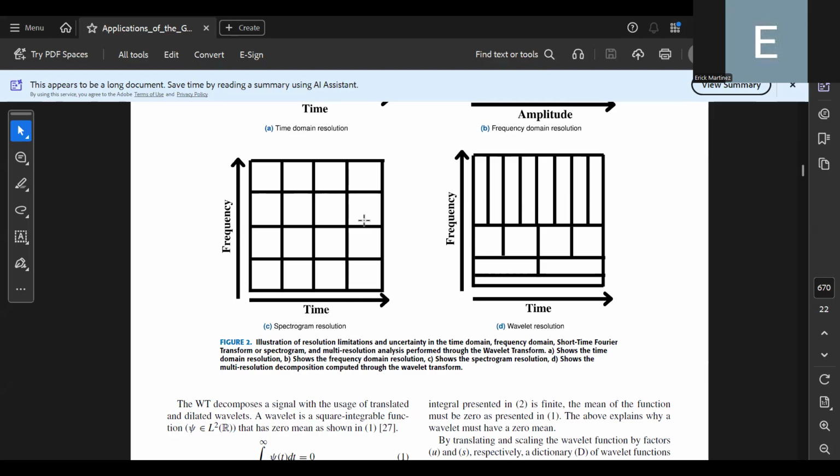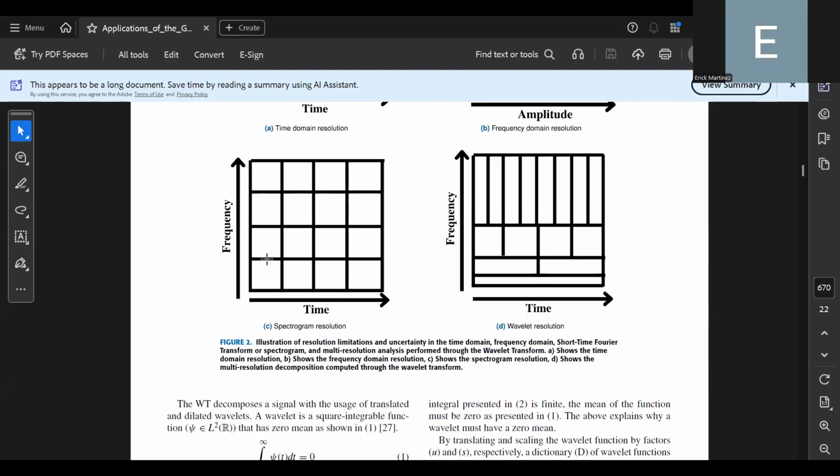The problem is that we have a resolution limit. That is also related to the Heisenberg uncertainty principle, which states that we cannot know simultaneously the time and frequency information of the waveform in an arbitrary way, because there is a trade-off.